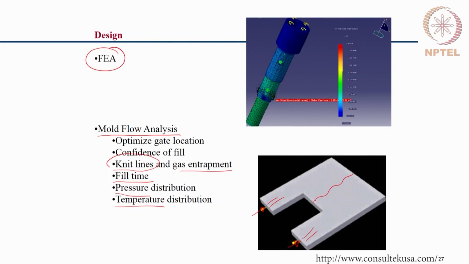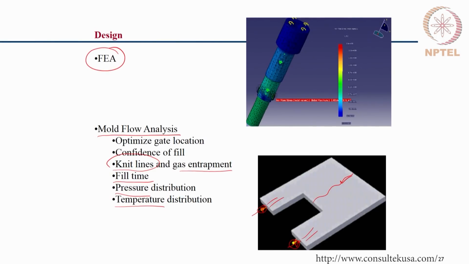So, appropriate placement of these gates can help in deciding where these knit lines will happen. Knit lines should be avoided wherever there are high stress concentration regions. So, by suitably placing the gates, one can get the knit lines at places where there are no high concentrations of stresses.